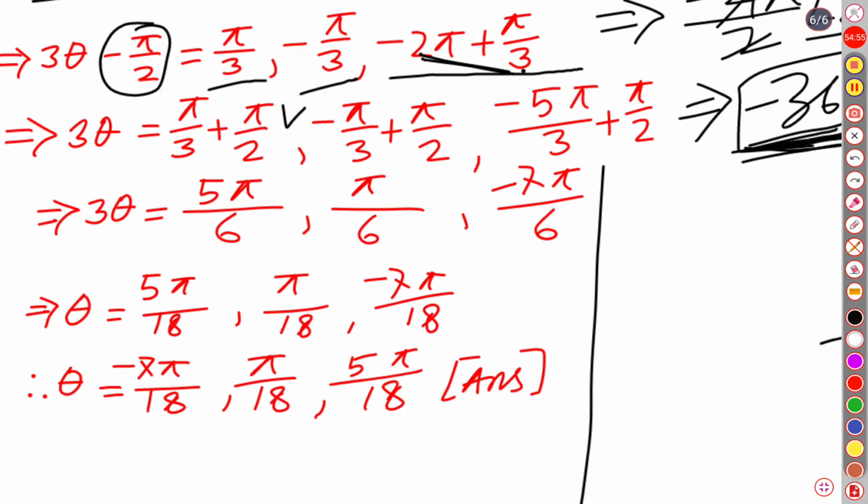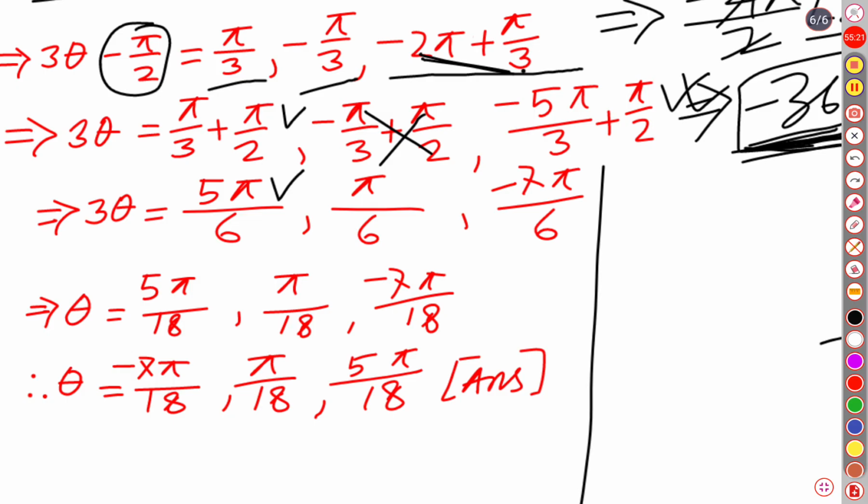From 6, if we subtract 1, it is going to be negative 5 pi over 3. Then from the left side we have brought this pi over 2. Then let's do the simplification. It is going to be 6, and 3 pi plus 2 pi means 5 pi.